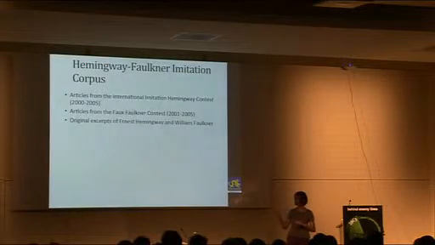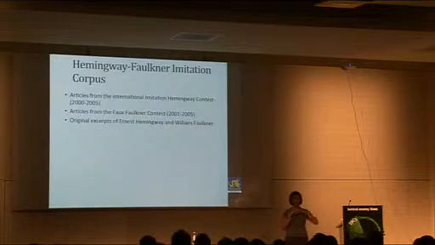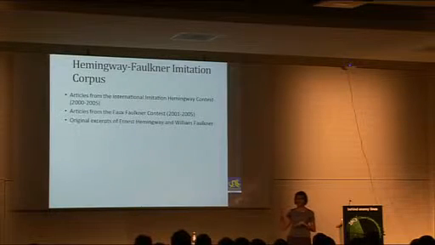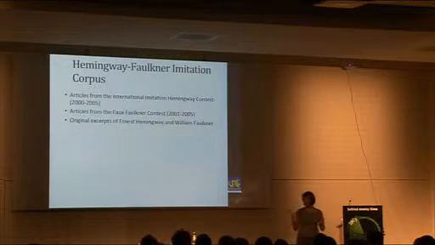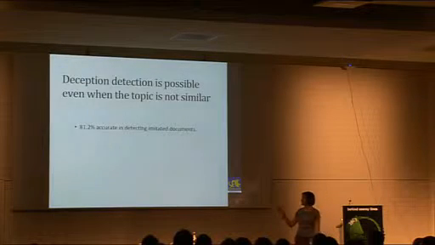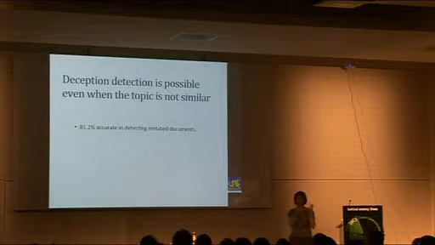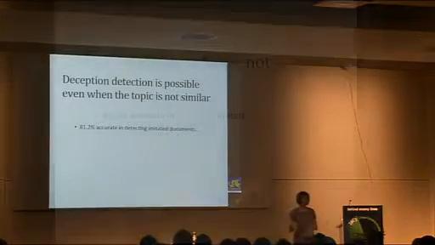So all these documents are written by 36 different people, and they imitated Hemingway and Faulkner in different ways, and they used various topics. So topic similarity was not an issue here. And even in this case, our method works in more than 80% of cases, and we can detect regular Hemingway and Faulkner documents from the imitated Faulkner documents.